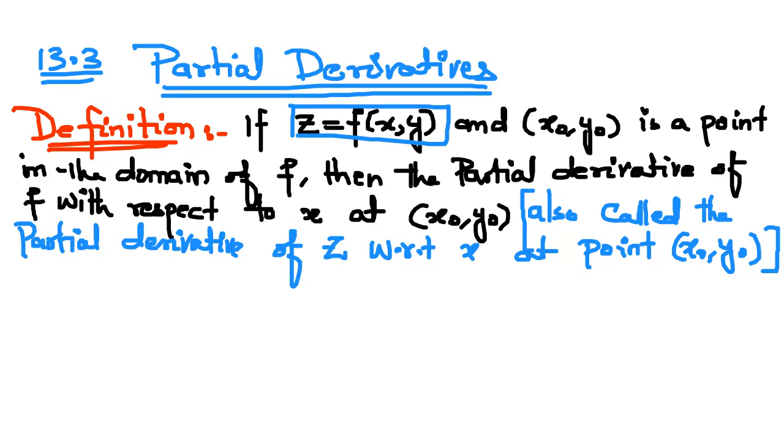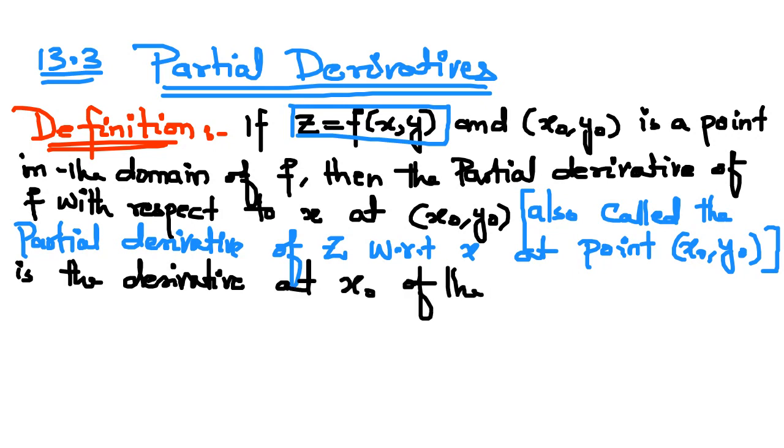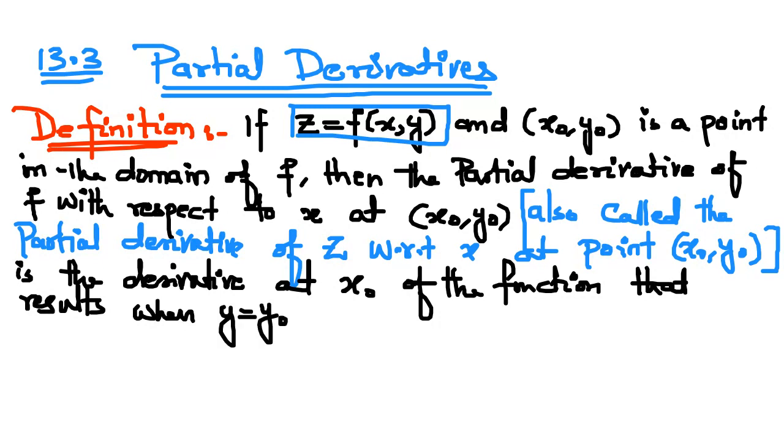So it's the derivative at x naught of the function that results when y is equal to y naught is held fixed, and x is allowed to vary.